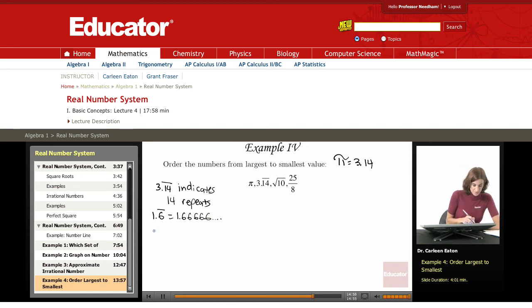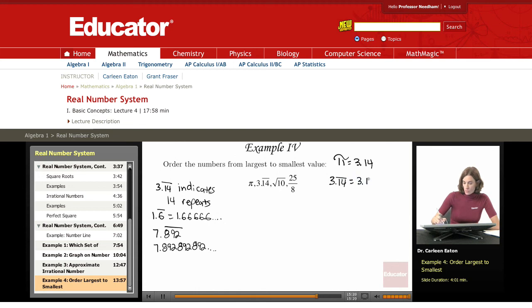I could even have 7.892 repeating, and then all three of those would repeat. It would be 7.892, 892, 892, and on and on. So 3.14 with a bar over it tells me that this is going to go on indefinitely, repeating.